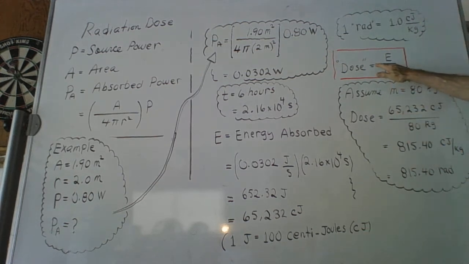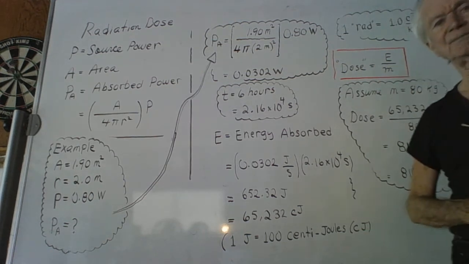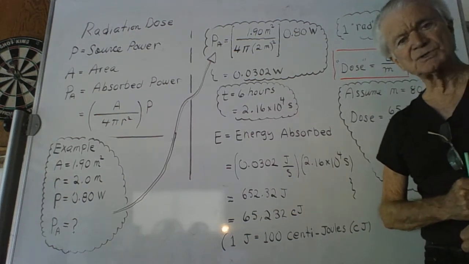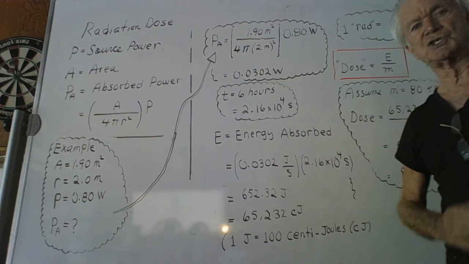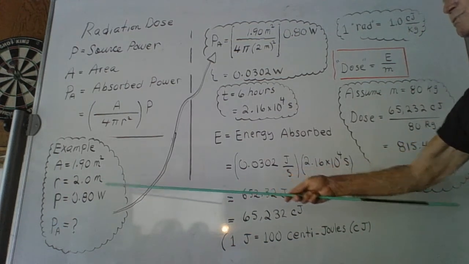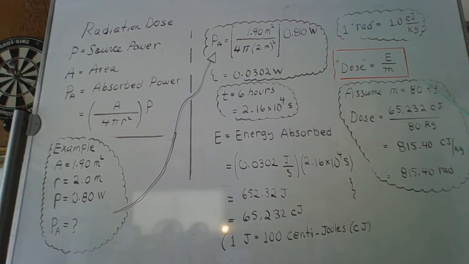Now we define the quantity that we've been talking about, dose. The dose that a person receives is the ratio of the energy received in centijoules to the number of kilograms of that person's mass, E over m. So let's assume that the person standing 2 meters away from this source is 80 kilograms.